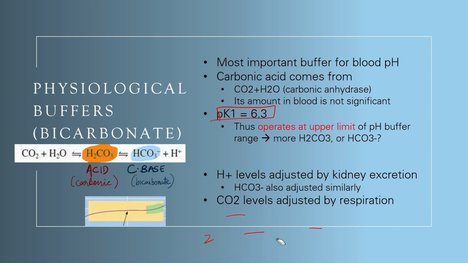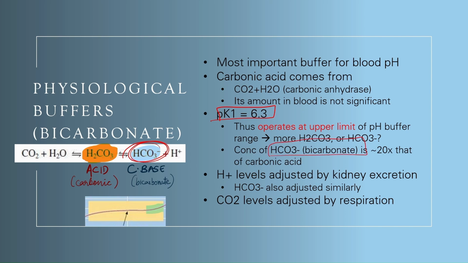So that is relatively lower than our blood pH, right? So what are we going to have? We're going to have much more conjugate base, that is our bicarbonate, in the blood than we have of carbonic acid or CO2, because this guy is relatively insignificant. We're just going to compare between CO2 and H2O, or HCO3 and H+. But we remember carbonic acid because that is our weak acid component.